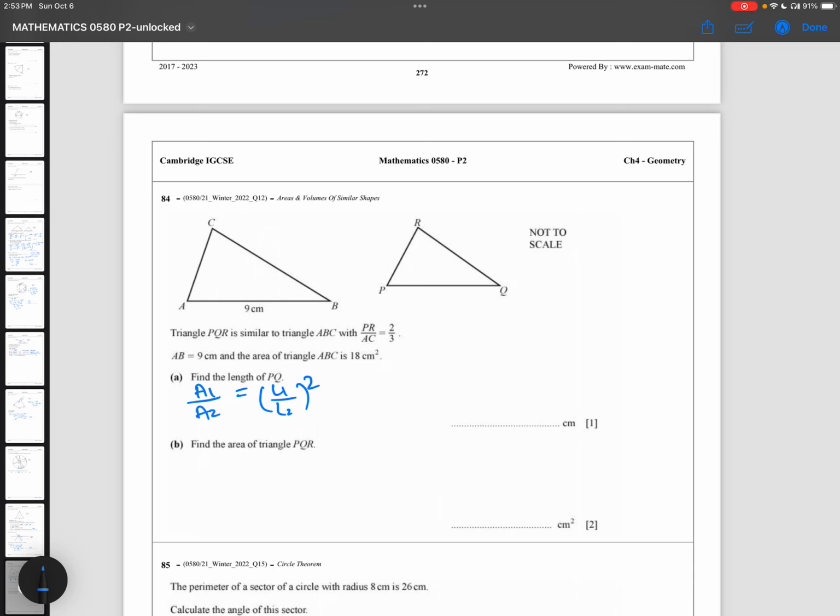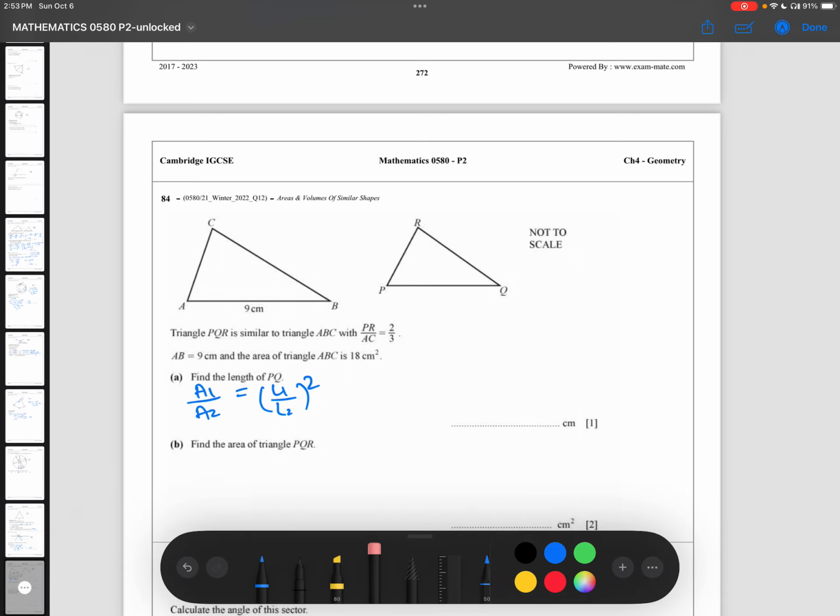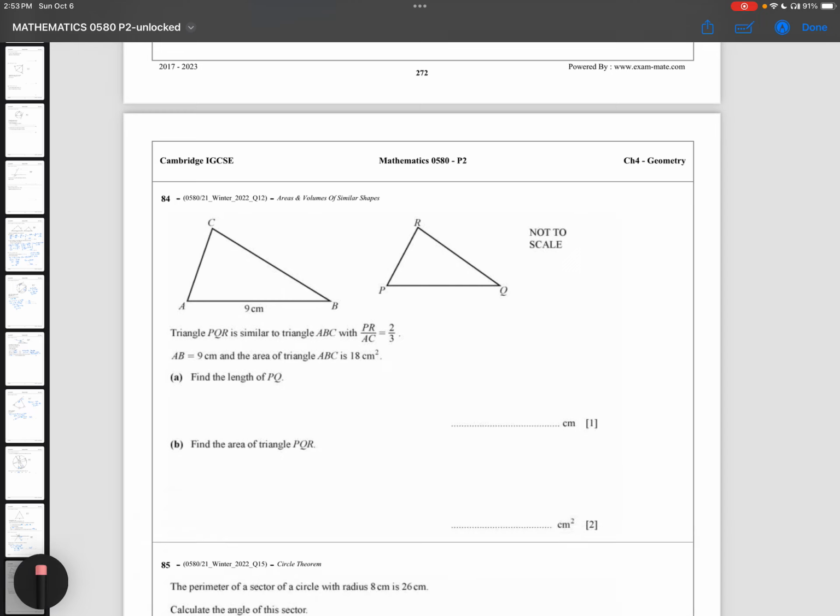Okay, we don't know the other area. Sorry, I won't be using this formula because I need to calculate PQ and I don't know the area of the second triangle. So we know that PR upon AC is 2 upon 3. We need to find PQ. PQ is corresponding to AB.